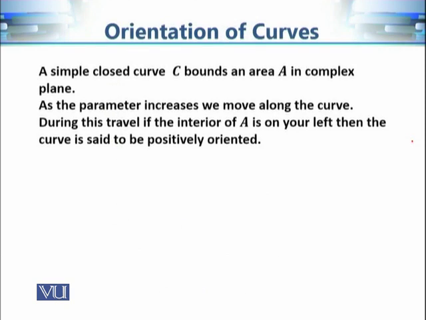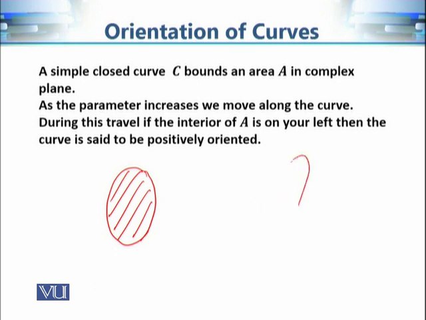Now, we have observed that for a curve defined by a parameterization function z of t, when the parameter t increases, we are traveling along the curve. And if it is a simple closed curve, then this simple closed curve encloses an area in the complex plane. So for example, if it's a circle, then this circle encloses the following area in the complex plane.